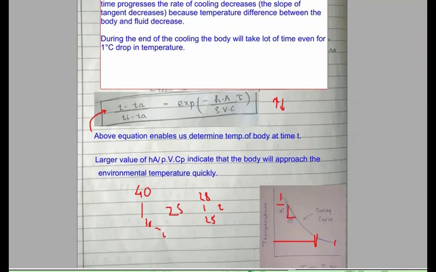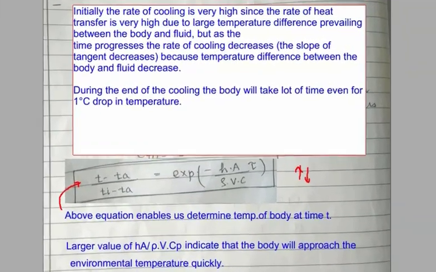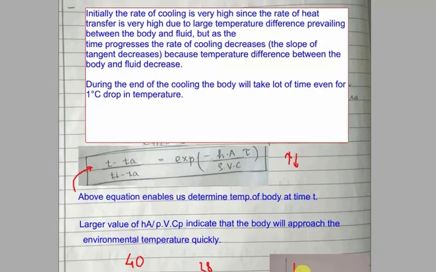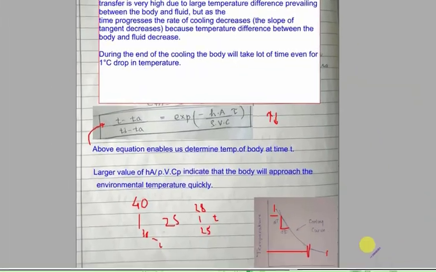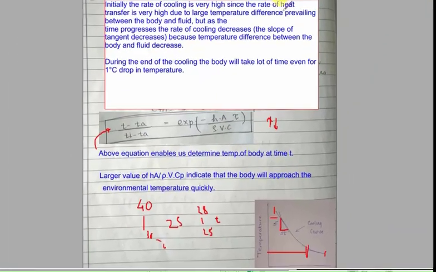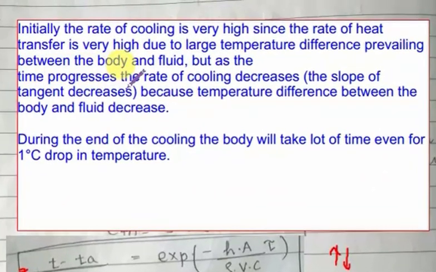It is written over here, so I will just read it out: initially the rate of cooling is very high, since the rate of heat transfer is very high due to the large temperature difference. I have told you that initially the temperature falls quickly because of the high difference between the temperatures. But as time progresses, the rate of cooling decreases, that is, the slope of the tangent decreases.